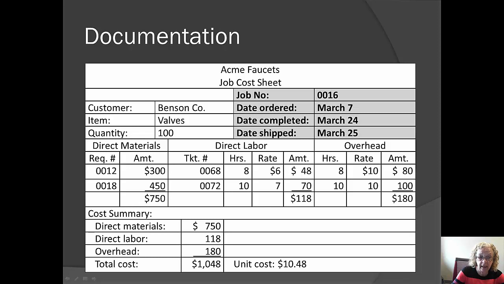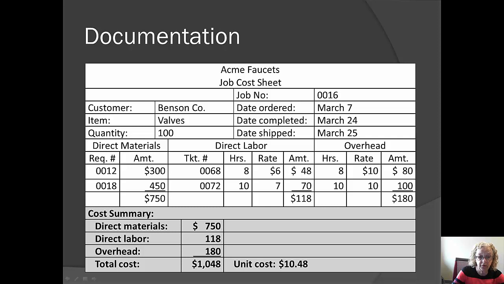We also need an area where we can track direct materials, direct labor, and manufacturing overhead. Altogether, these need to equal the total cost for the job. If we divide the total cost for the job by the number of units of the product that were in the job, that will give us the cost per unit, which is very helpful when we are pricing and marketing various products.